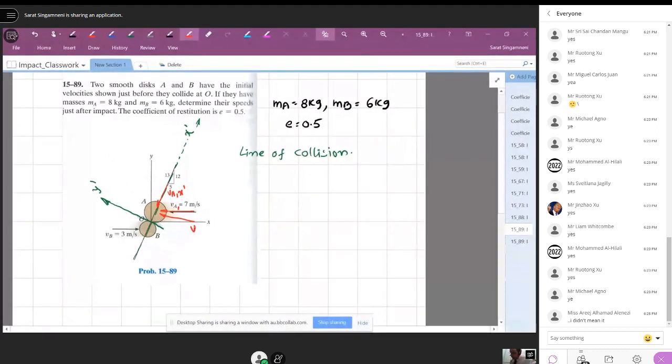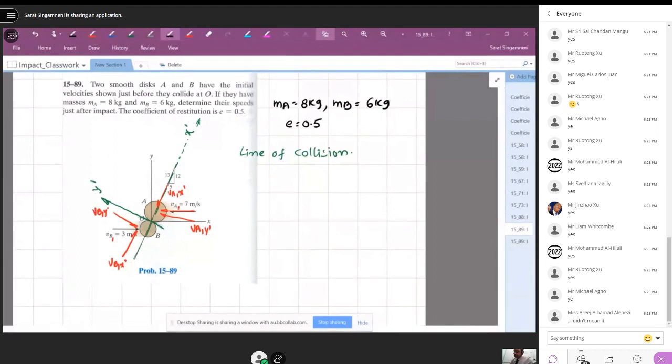And this one is VA1 y dash, the component of VA1 parallel to the y dash axis. Similarly, we will call this VB1, and we will resolve this into a component parallel to the x dash axis, which is VB1 x dash, and a component parallel to the y dash axis, which is VB1 y dash.